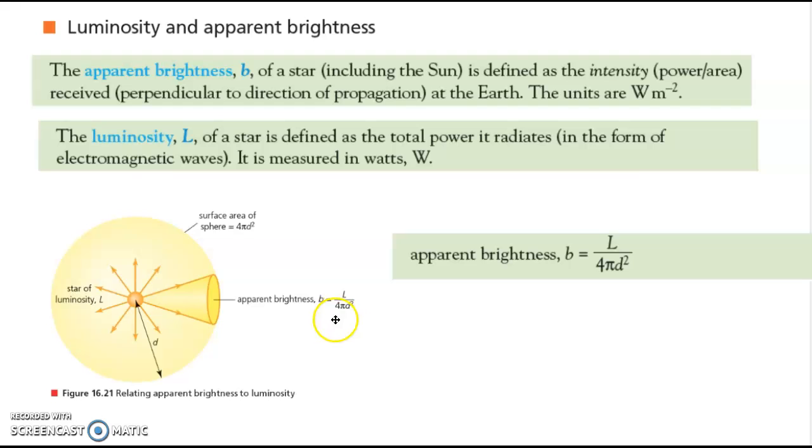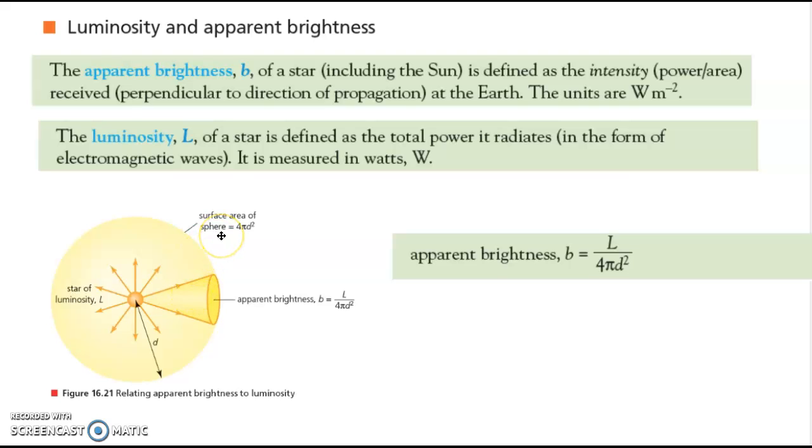Now, how do we calculate the apparent brightness? Well, if you imagine all that power concentrated in this point and then spreading out, so that energy that's given off per second, as it spreads out in a sphere, that same power is now spread out over that entire surface area. So what we're looking at is the power divided by that surface area.